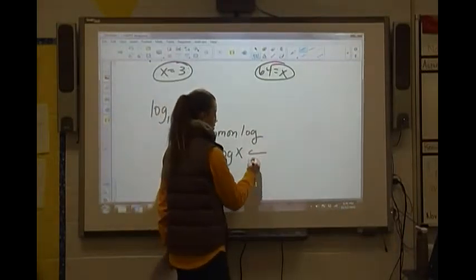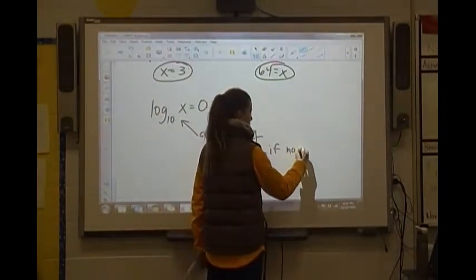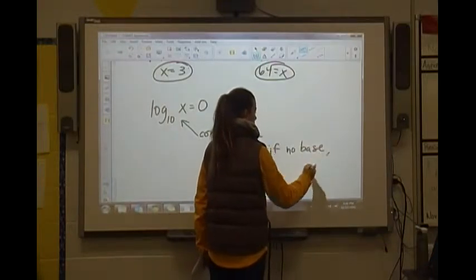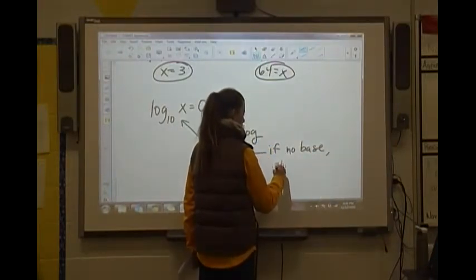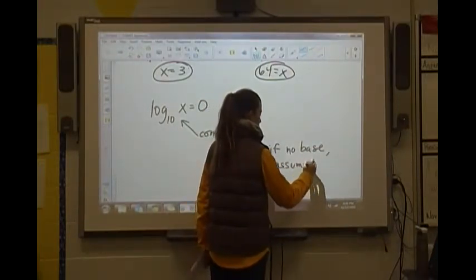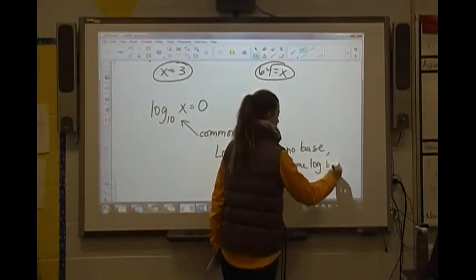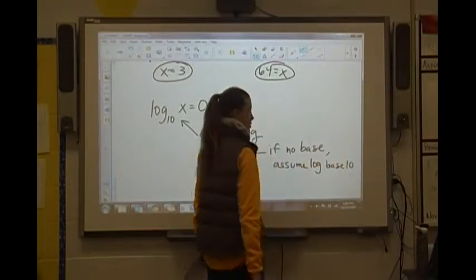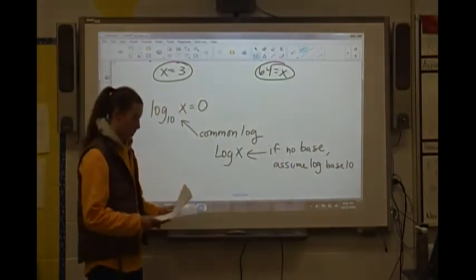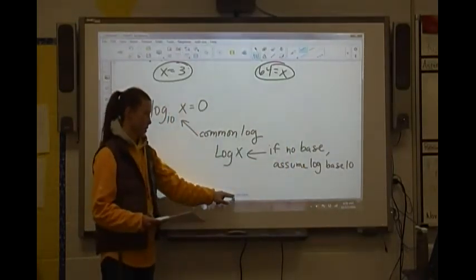So if there's no base, then you would assume log has a base of 10. And you'll see that in our next lesson as well.